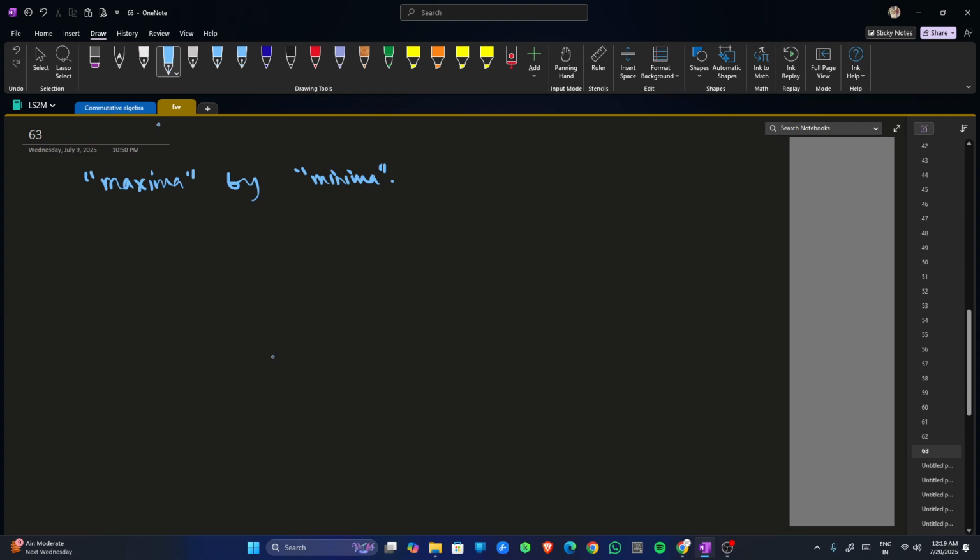Okay, so I have some plan for the mean value theorem, some versions of the mean value theorem. Let's not prove it right now.